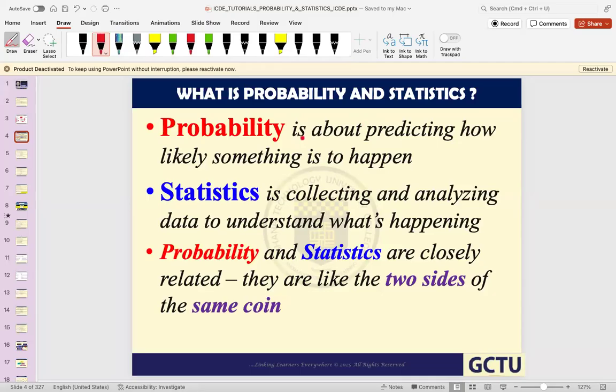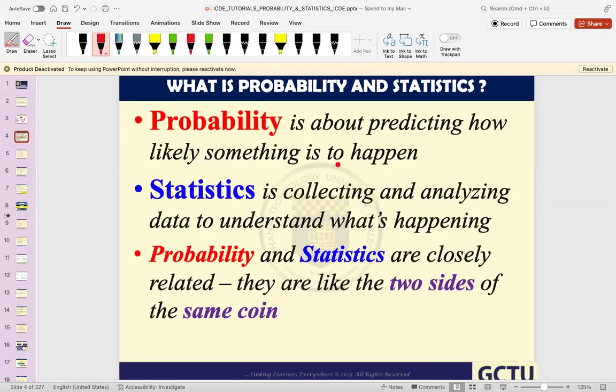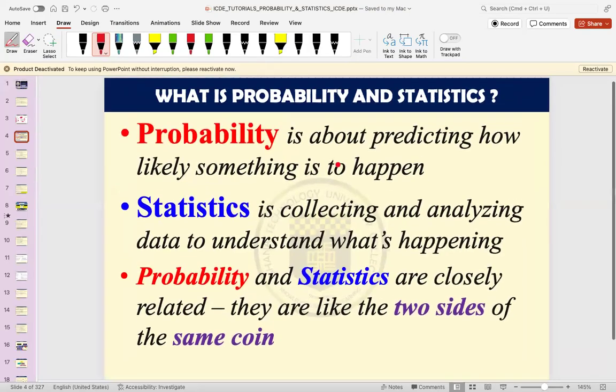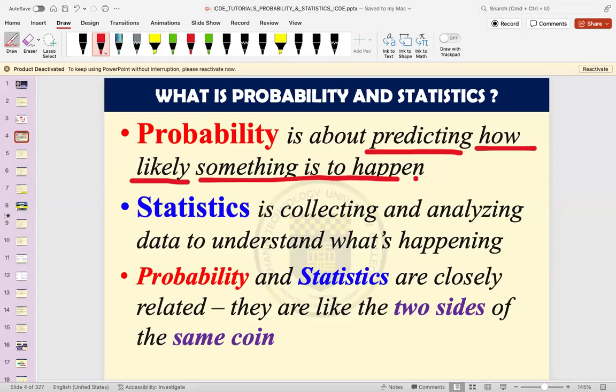Now, probability, by definition, like I've stated on the screen, and I'm sure you are seeing it on your phone or the electronic device you are using. Probability is all about predicting how likely, okay, how possible something is to happen. That is probability.